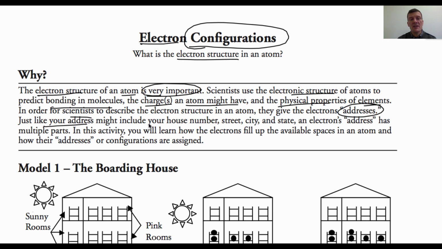Just like your address might include your house number, your street, your city, state, an electron's address has multiple parts. In this activity, you're going to learn how the electrons fill up the available spaces in an atom and how their addresses or configurations, configurations is just their arrangement, are assigned.